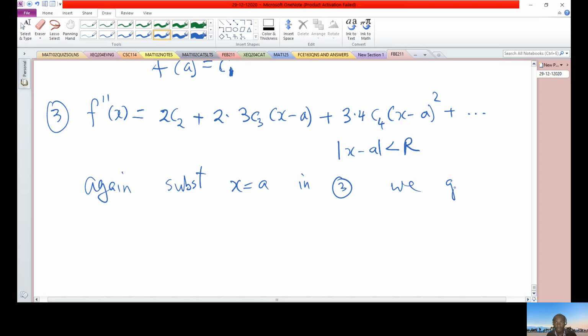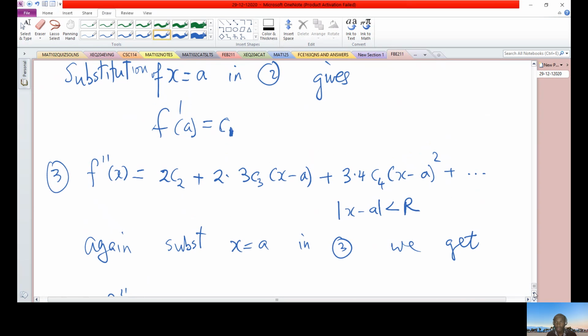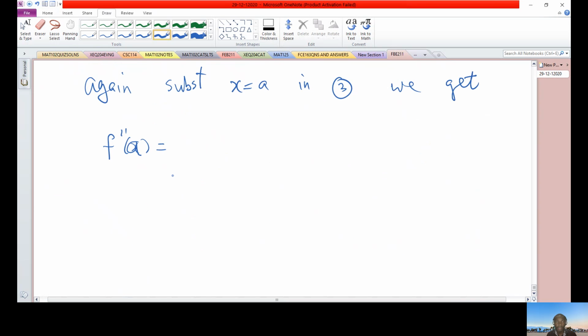We get f double prime of a will be given by 2 c2.